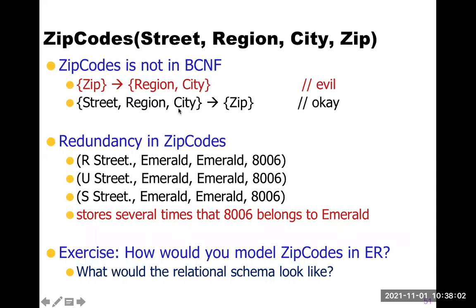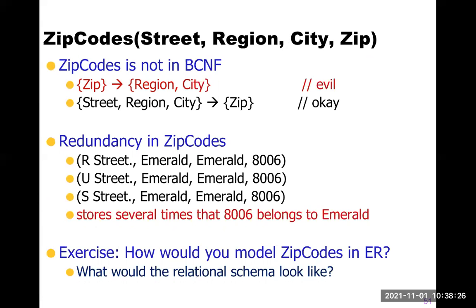So the second condition is okay, and for the first condition, zip is not a super key. So let's say street is not defined by zip. So we can't say that zip is a super key for this table. And region doesn't belong to the left side, and city doesn't belong to the left side.